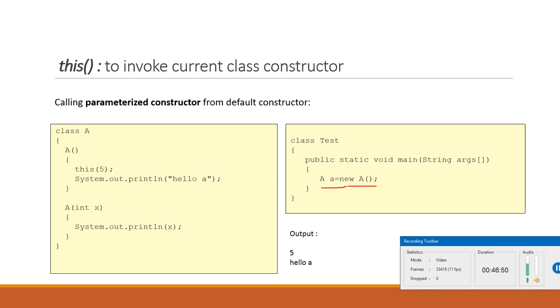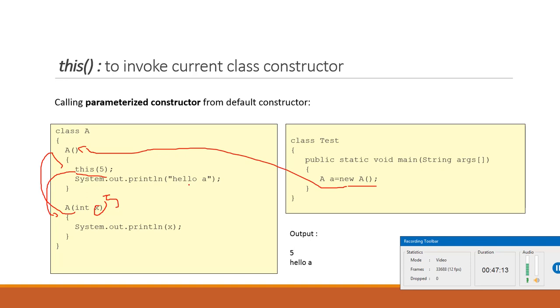So when the statement executes, the default constructor will be called. So this(5) means it will call this constructor, and integer x will be initialized to 5. So System.out.println(x) will print 5. Then it goes to the previous constructor and then it will print hello A.